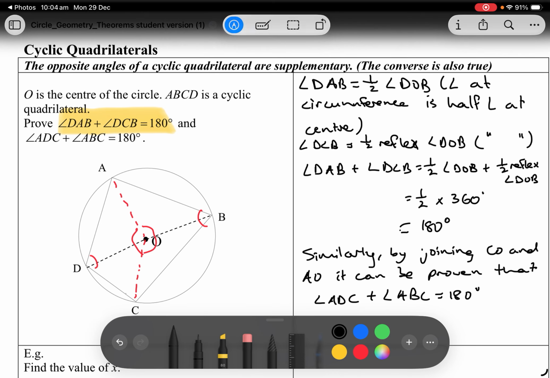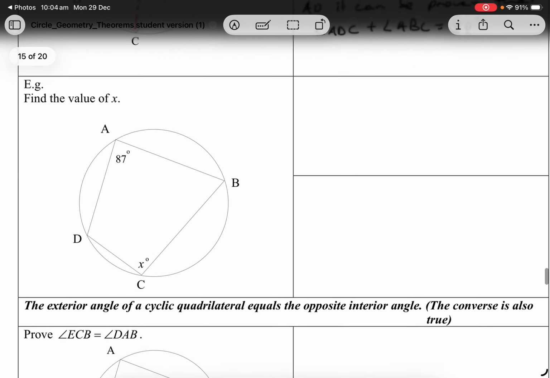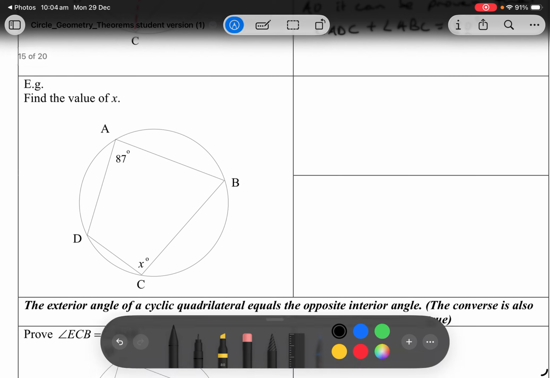Okay, so with that in mind, we're going to try to find the value of the unknown here. So we know that angle X plus 87 will equal 180 degrees.